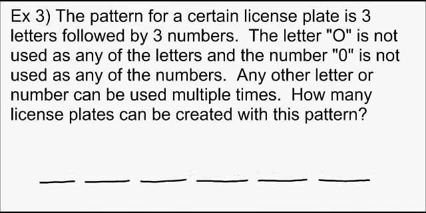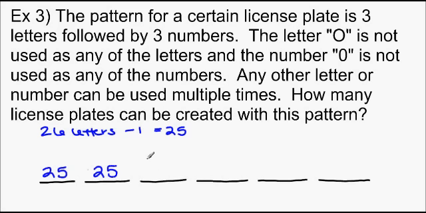And I know that there are 26 letters in the alphabet. Of course, we're going to say minus 1 because we're not using O, because O and 0, that would be confusing on a license plate. And we get 25. So on my first character here, it's a letter. I have 25 possibilities. So this is the number of possibilities. The second character, also a letter, I'll have 25 again because I could have the same letter all 3 times.